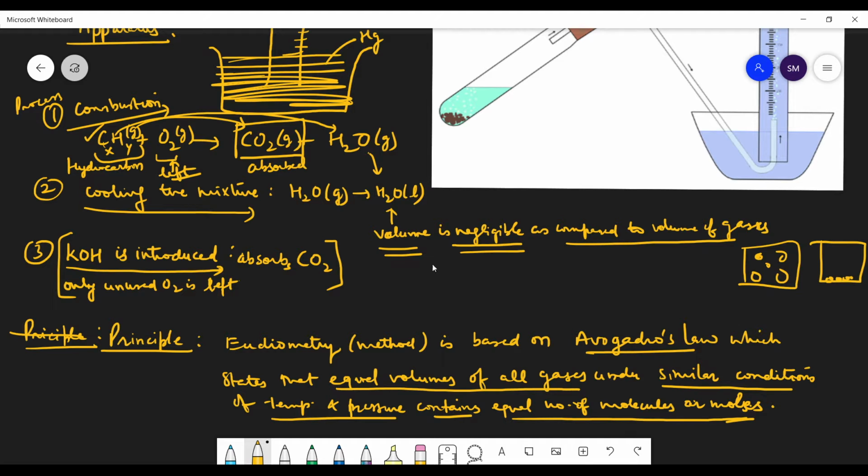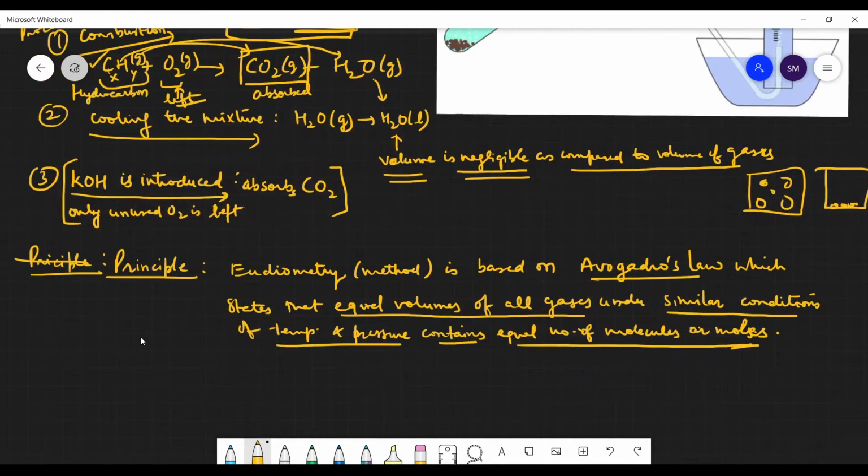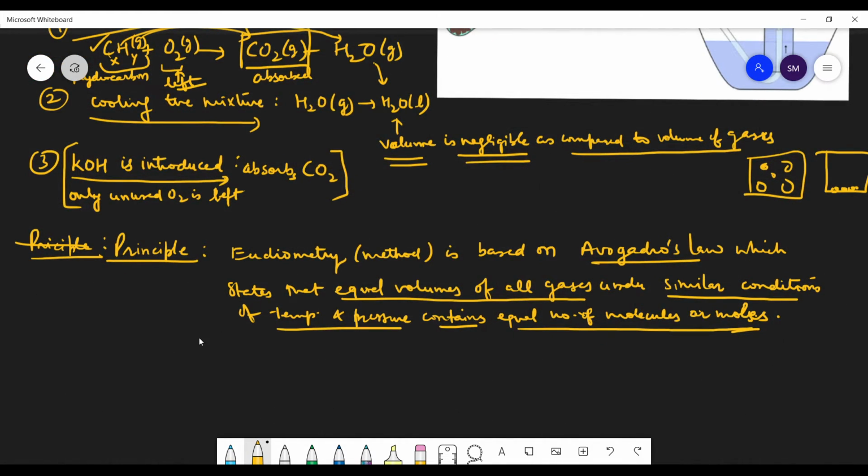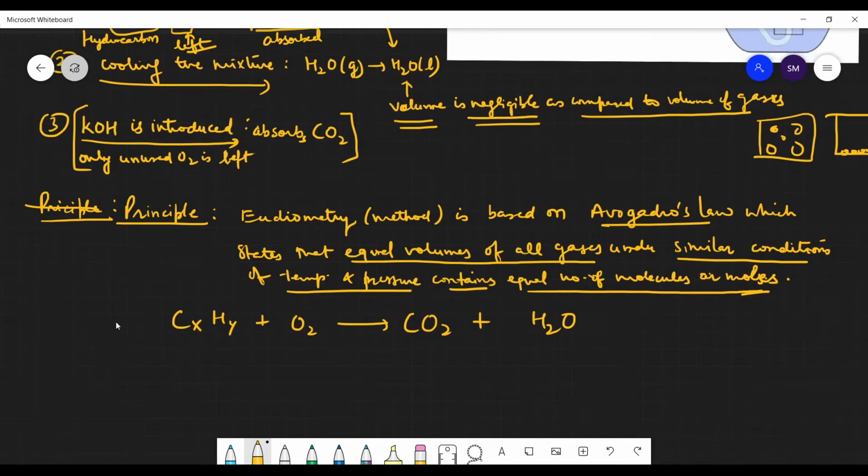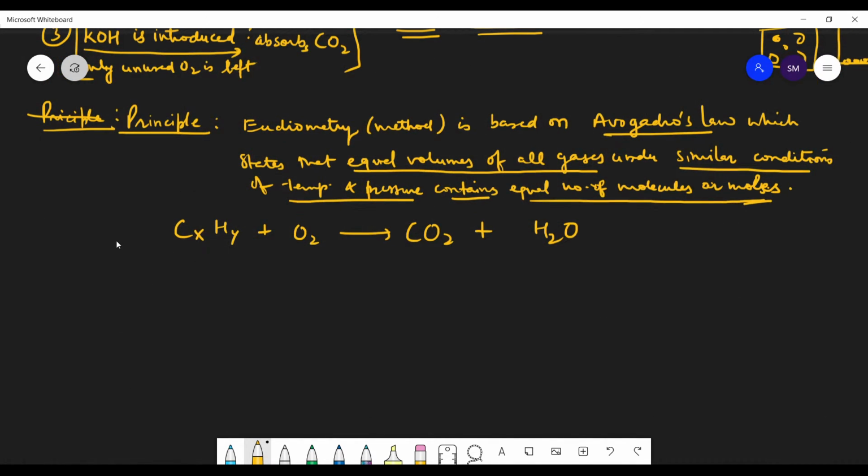Now you have written the equation CxHy plus O2 gives CO2 plus H2O. Can you balance this equation, students? See how to balance it. I have x atoms of carbon, so obviously I will get x here.